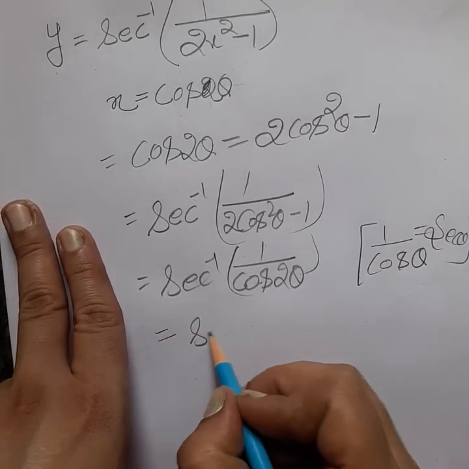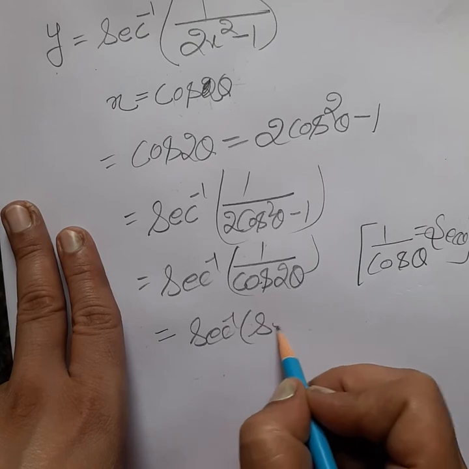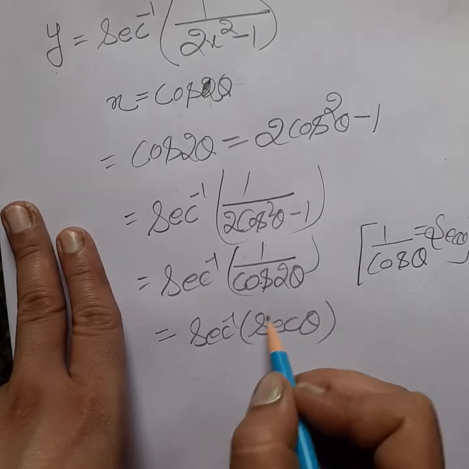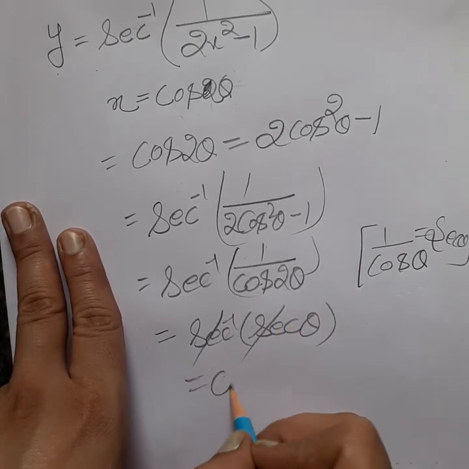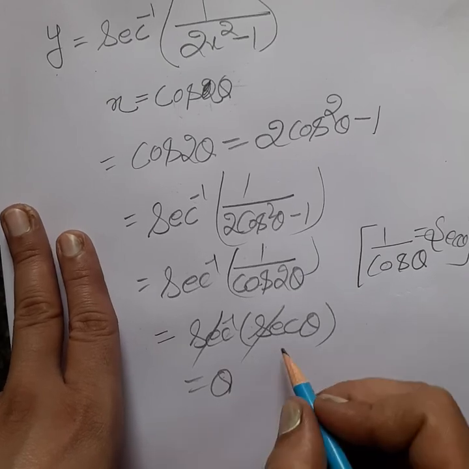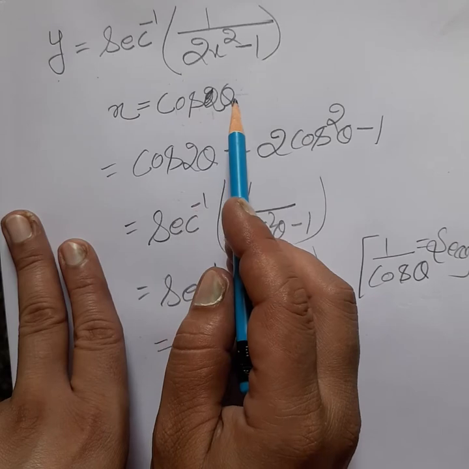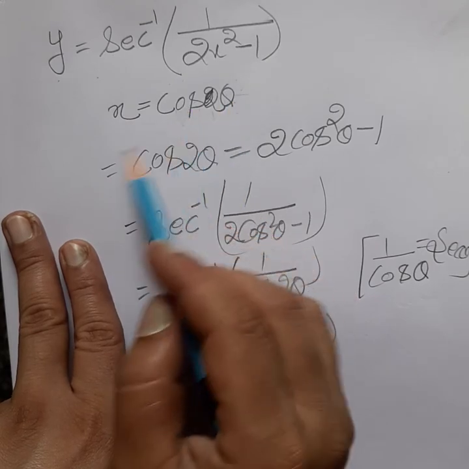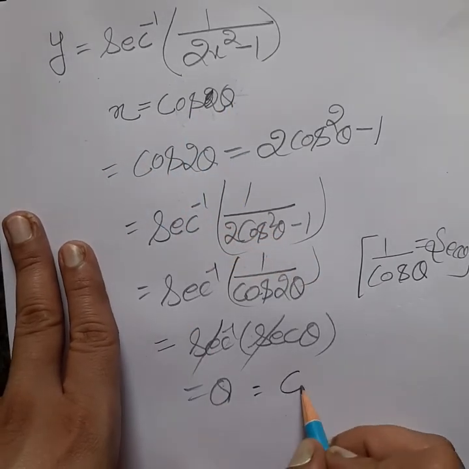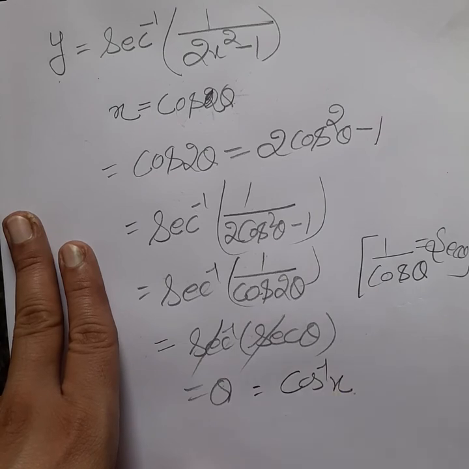So we write here secant theta, and after cancelling it, you get only theta. And as we did in our previous question, we get the value of theta, that is equal to cos inverse x.